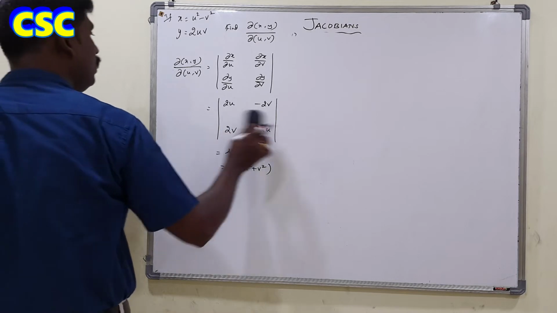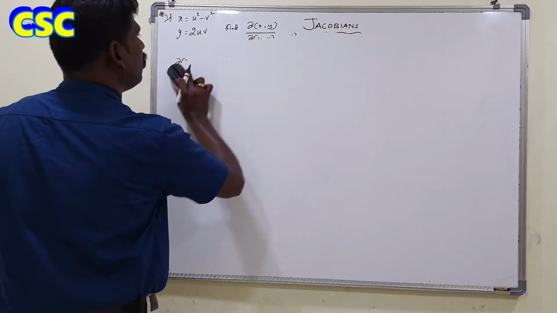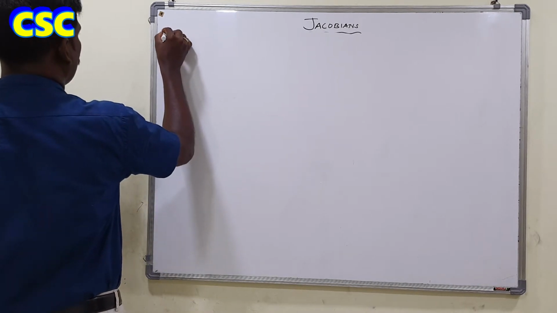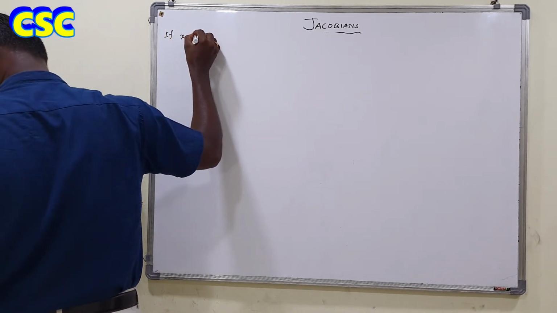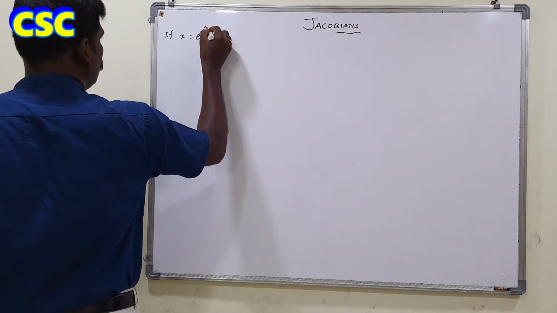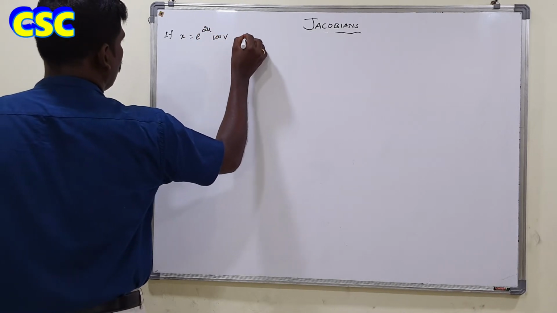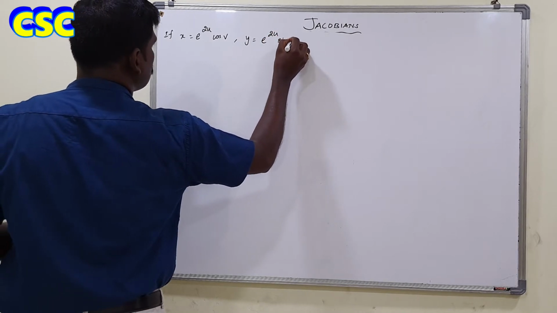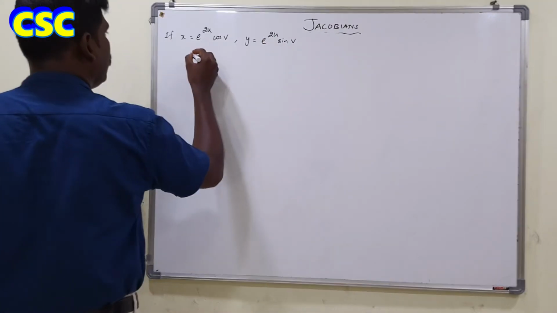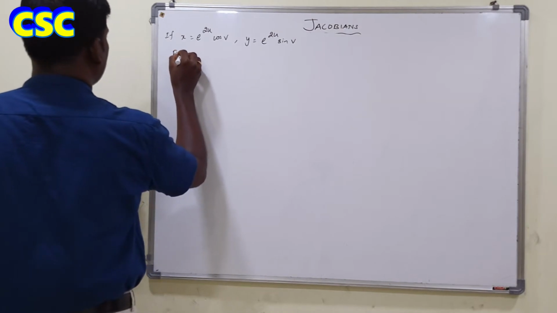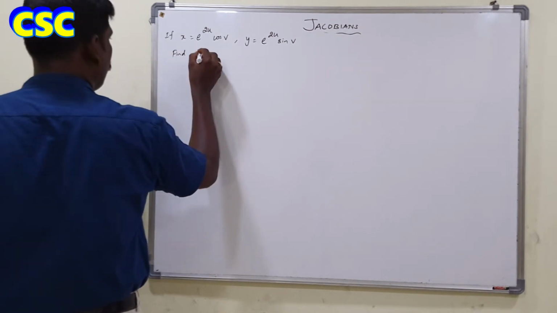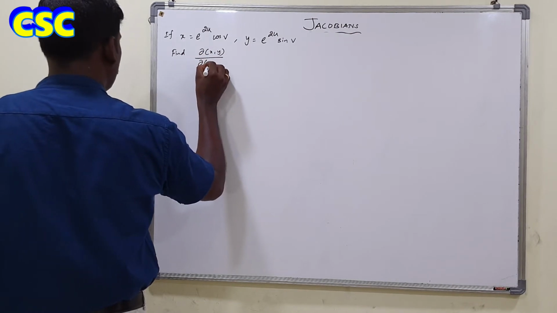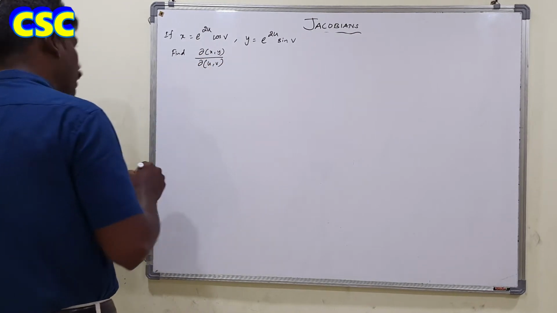Next one. If x is equal to e power 2u cos v and y is equal to e power 2u sin v, find dou of x comma y with respect to dou of u comma v.